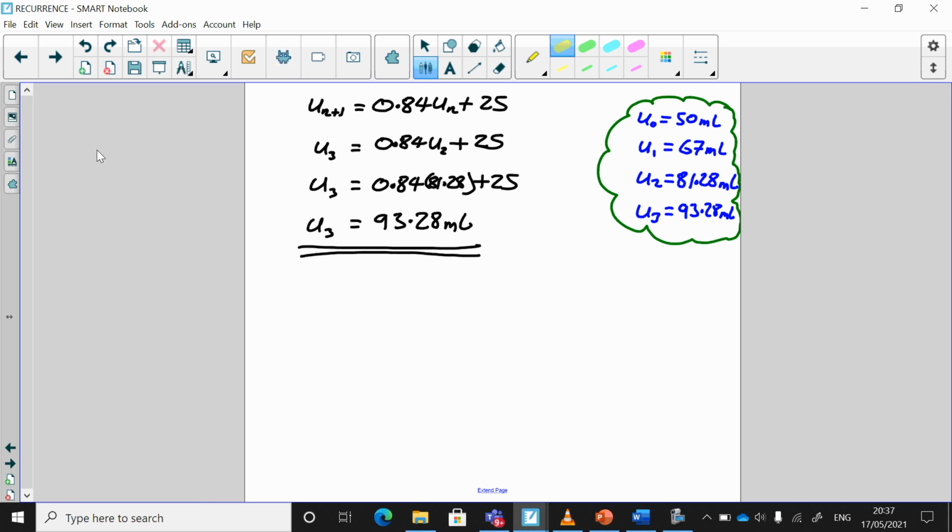So 17 of a difference, 14.28 of a difference between U1 and U2, and 12 of a difference. So it seems as if it's decreasing. This might be going to a limiting value here. They haven't hit 150, the danger level, the threshold yet.